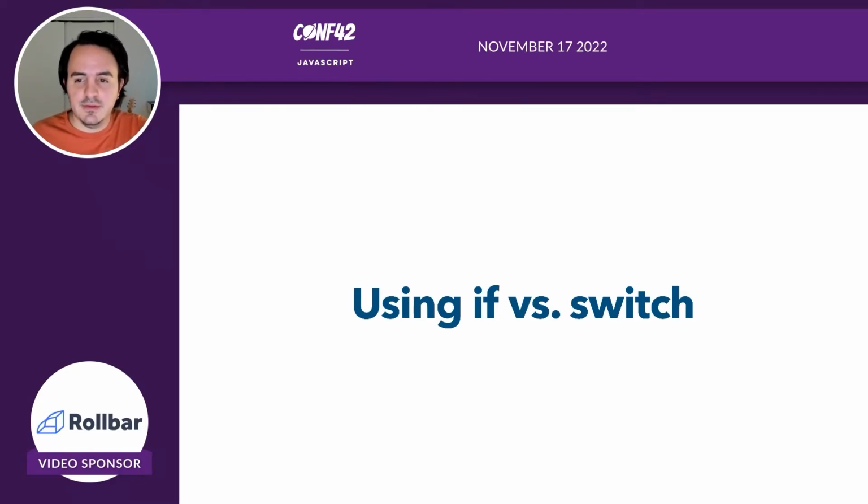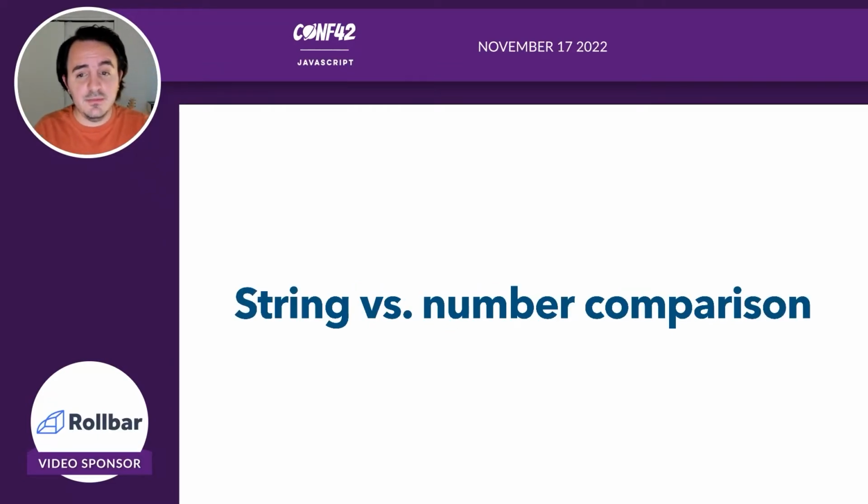Again, it depends on how your implementation is going, and you need to choose correctly and do some micro benchmarks in order to understand. But if you're using a new Node version, these dynamics can change because micro benchmarks are based on V8. So there's another one, which is string to number comparison.